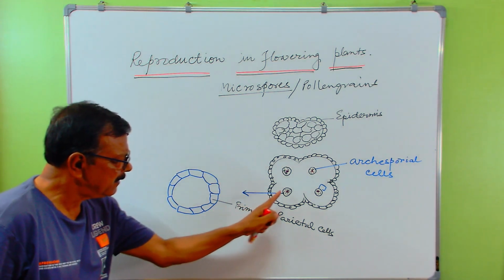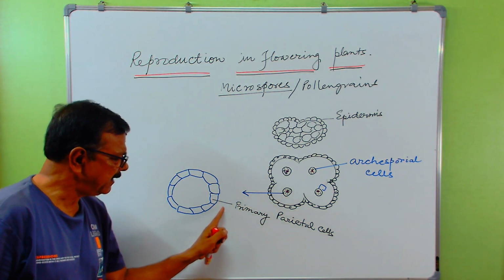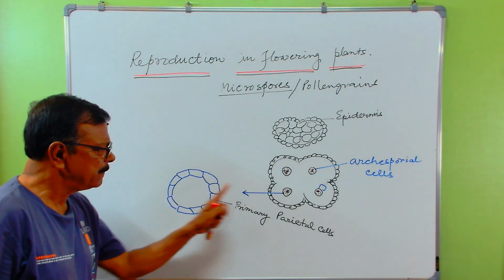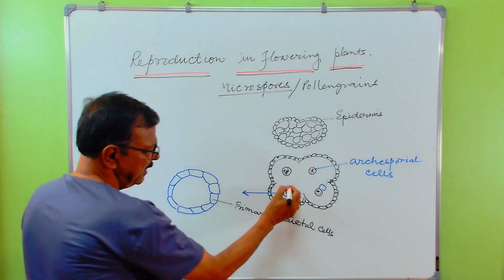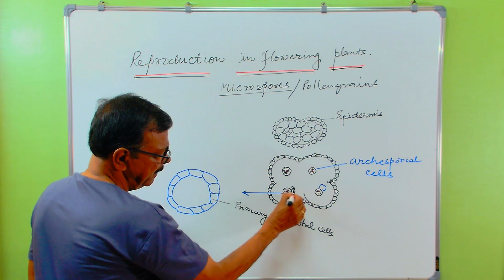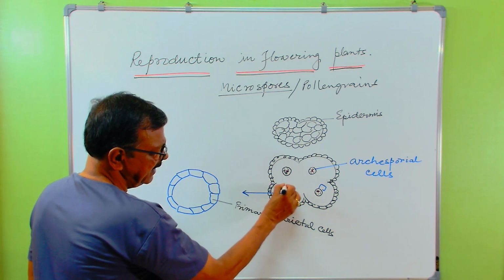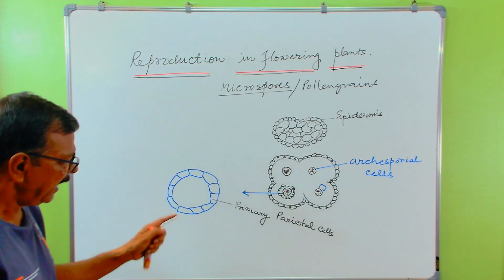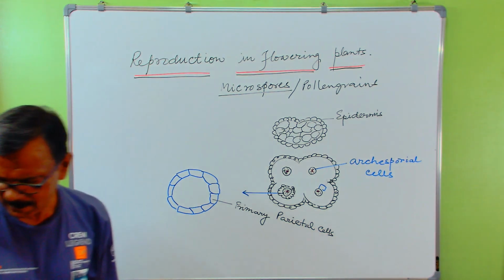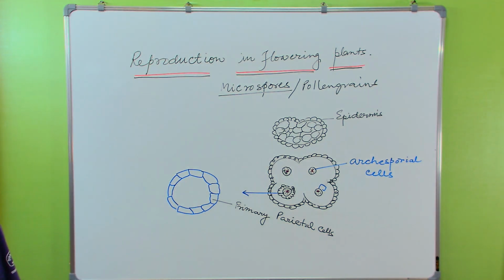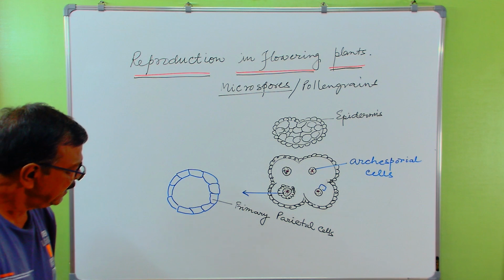So this cell divides and produces the outer parietal cells like this. Outer parietal cells, and these are primary sporogenous cells.